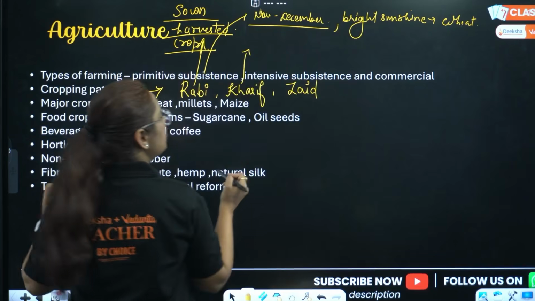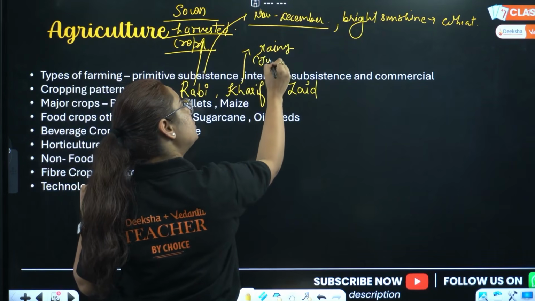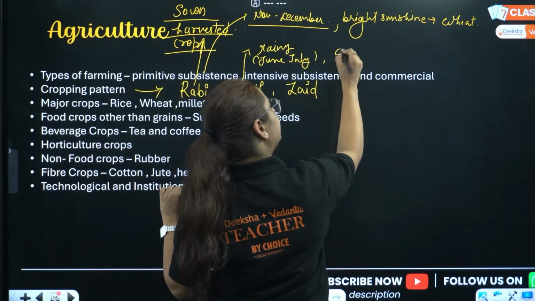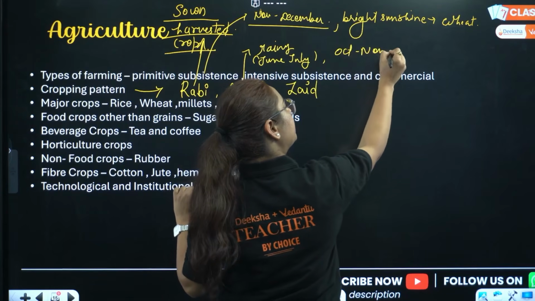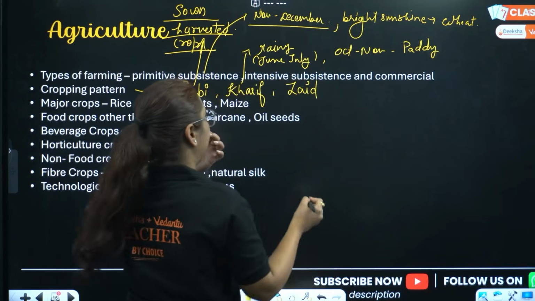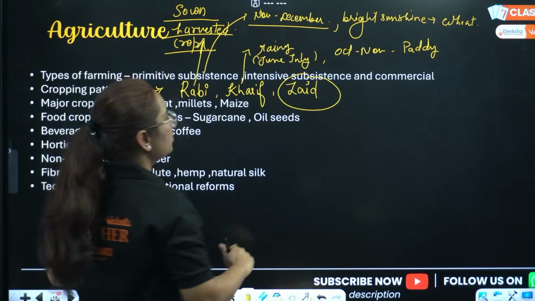Kharif is sown during the rainy season, that means June, July. Harvested in October, November. Paddy is an example. Zaid, between this period you have to grow something, right?